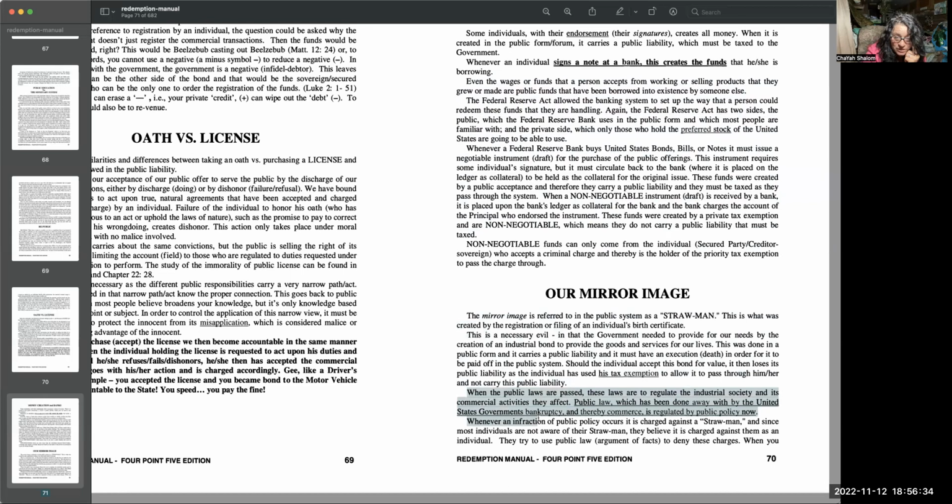Whenever an infraction of public policy occurs, it is charged against a straw man, and since most individuals are not aware of their straw man, they believe it is charged against them as an individual. Yeah, that's true. They try to use public law argument of facts to deny these charges.